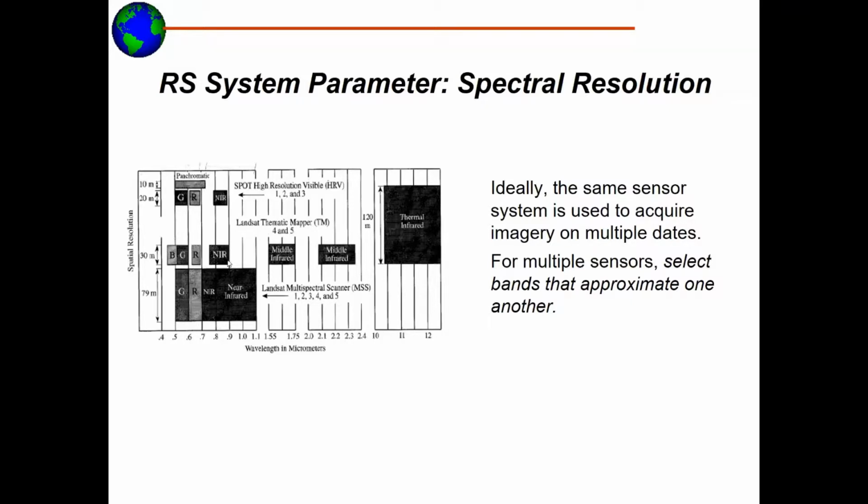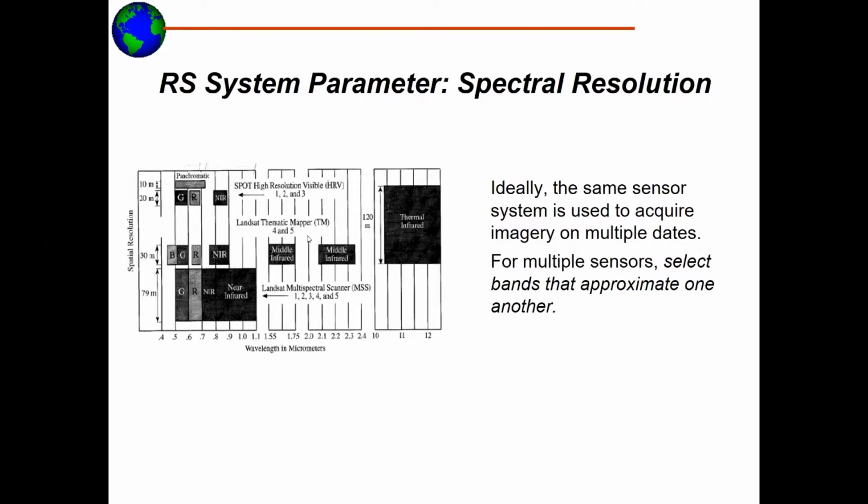And this is even worse when looking at the near bands, because near of MSS has a spectral resolution of 0.7 to 0.8, whereas in Landsat TM it has a spectral resolution of 0.76 to 0.9. So these different images have quite different information in their different near bands.